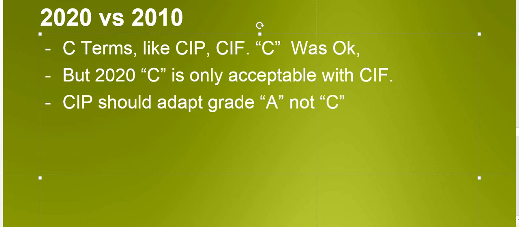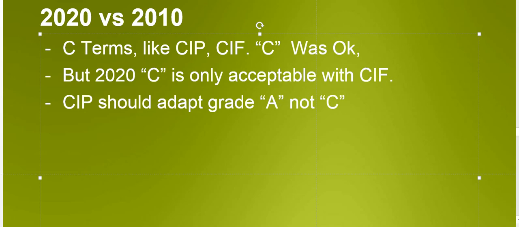Okay, the reason why in C terms of Incoterms the lowest insurance grade is allowed is that the insurance is not for the seller, but for the buyer. The seller pays for the insurance, but the risk during the transportation is on the buyer.